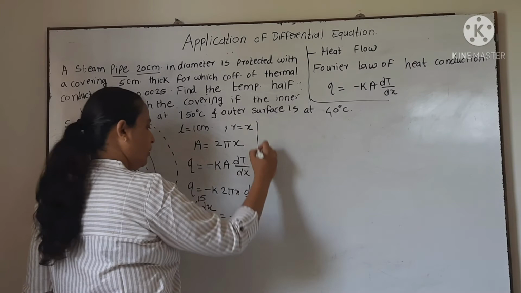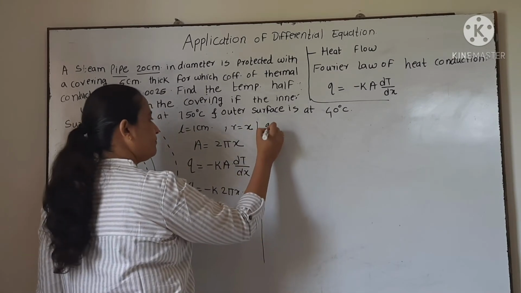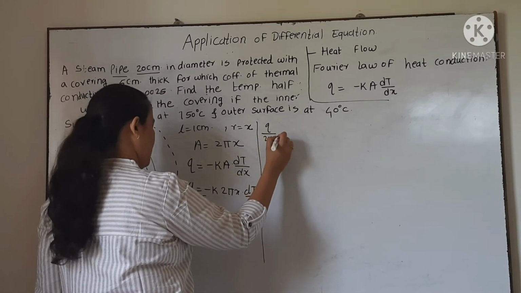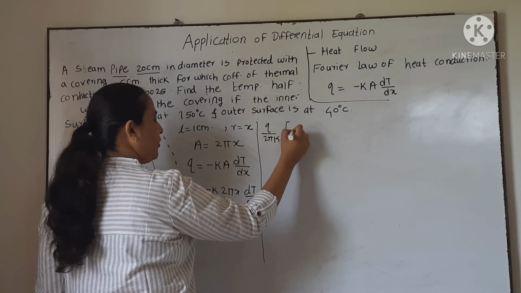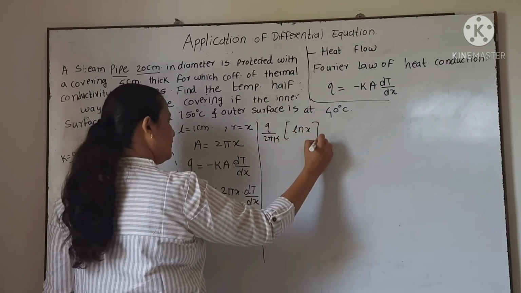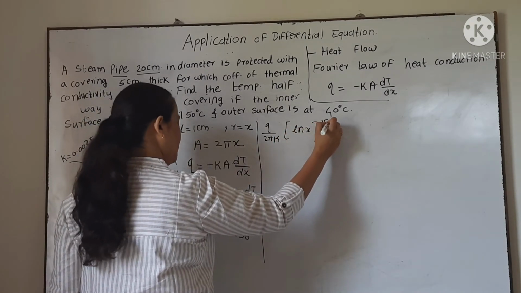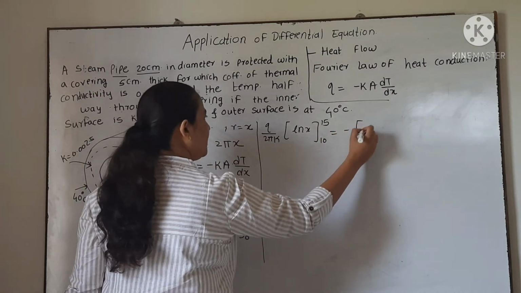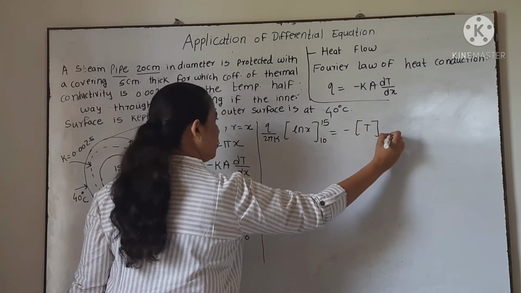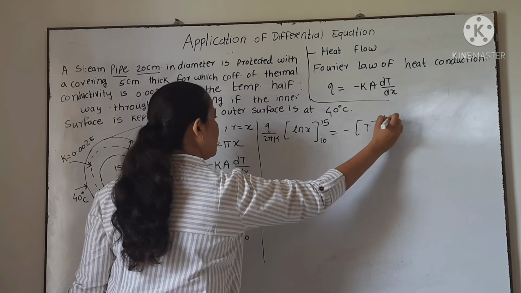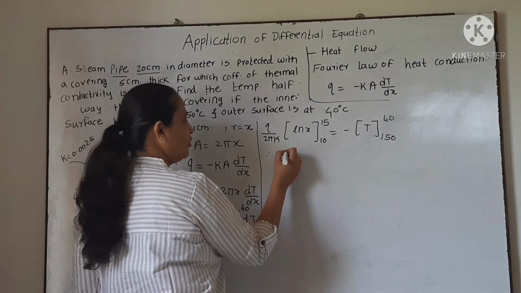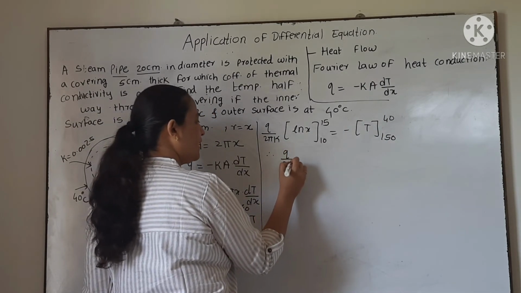You will get Q upon 2 pi k, integral of 1 upon x is ln x, limits from 10 to 15, equal to minus integral of dT is T, limits from 150 to 40. So we can calculate value of Q upon 2 pi k very easily.